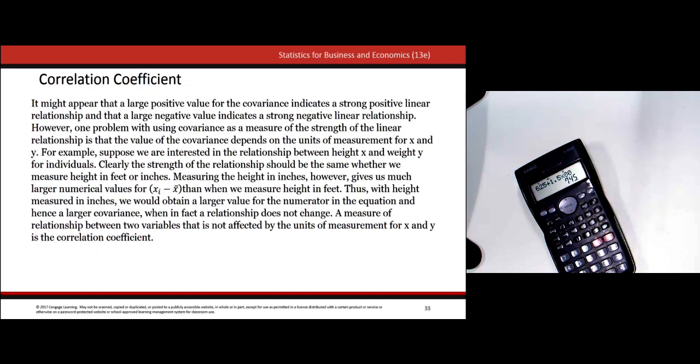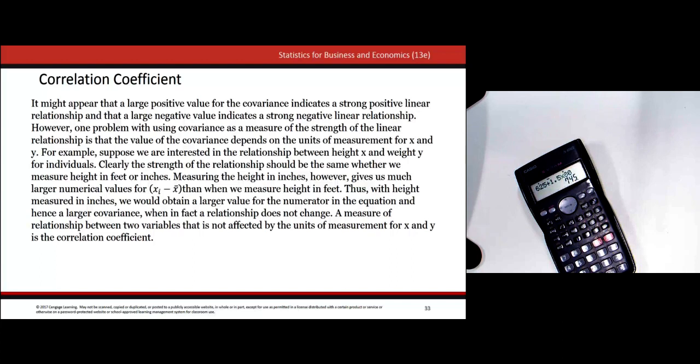So if we change the units, then the value of the covariance changes. The sign doesn't change, but the value changes. For example, the relationship between height and weight. You can measure the height in inches or in centimeters, and the value changes. Or you can measure weight in pounds or kilograms, and the value changes.